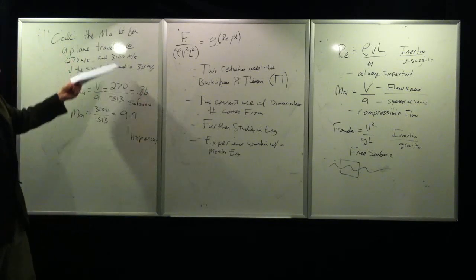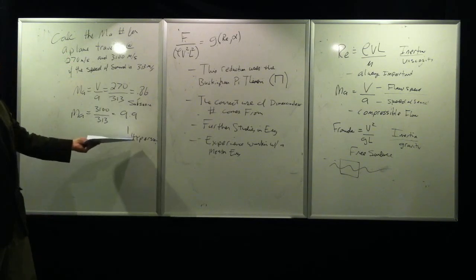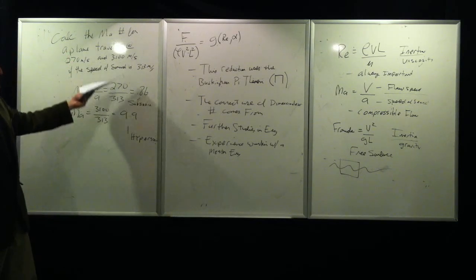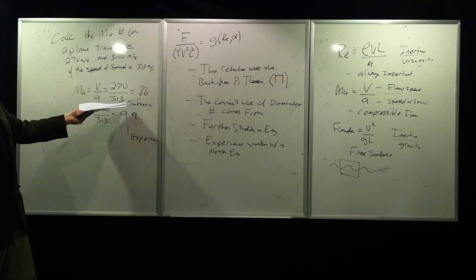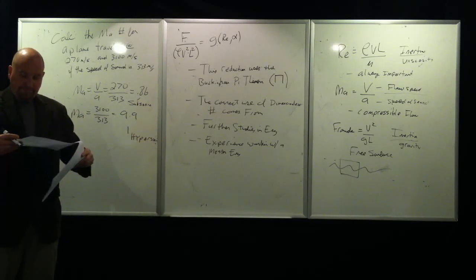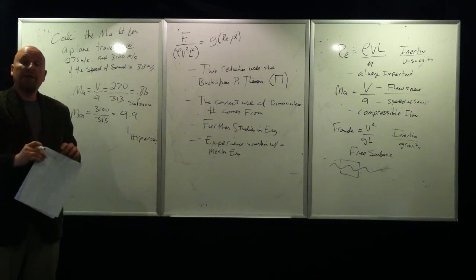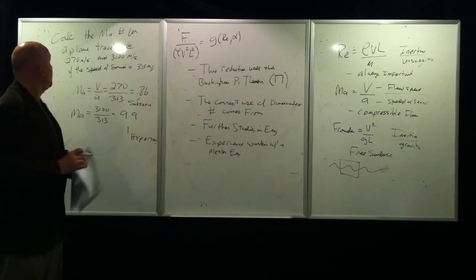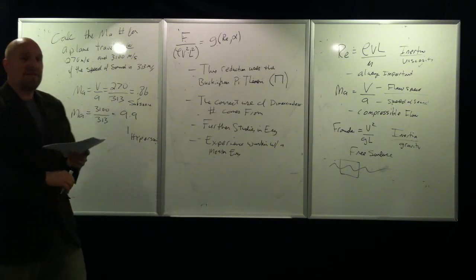So a plane traveling at 3,100 meters per second is a hypersonic situation. A plane traveling at 270 is going to be subsonic. Okay, that concludes the lecture on dimensional analysis and similarity.